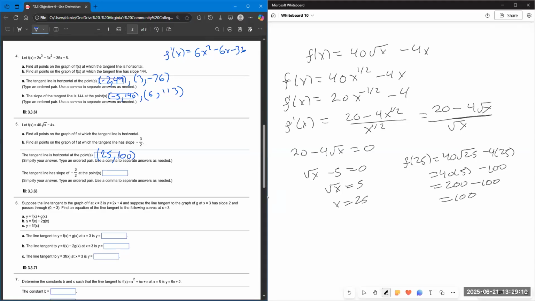Now I want my slope to be equal to negative 3/2. That's going to be 20 minus 8 root x is equal to negative 3 root x. And that's going to be 20 is equal to 5 root x. Root x is equal to 4, and x is equal to 16.